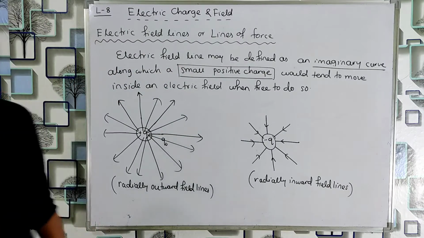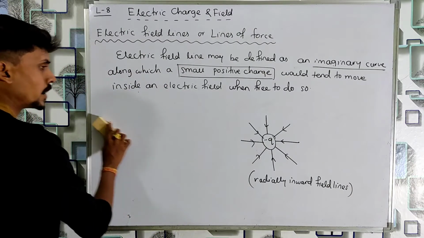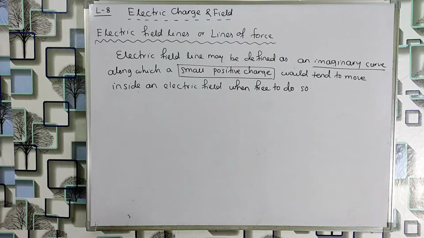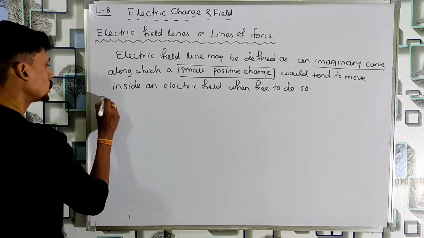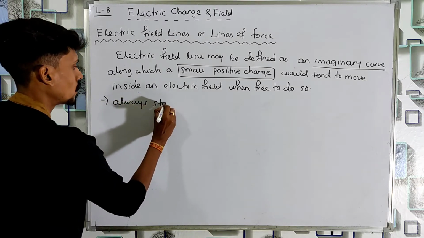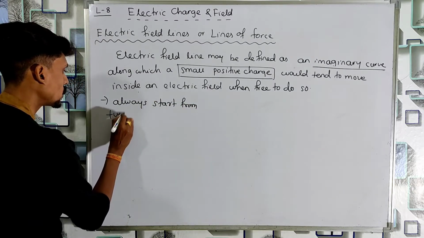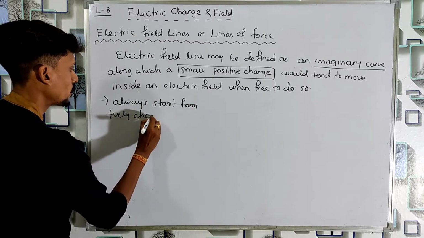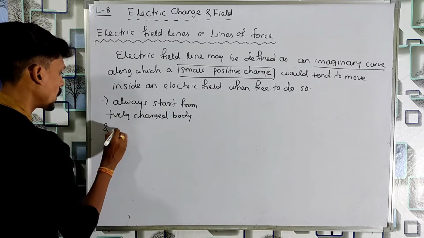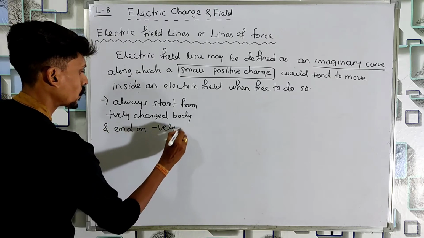So now we will discuss some important points about the electric field lines. Remember that electric field lines always start from a positively charged body and end on a negatively charged body.